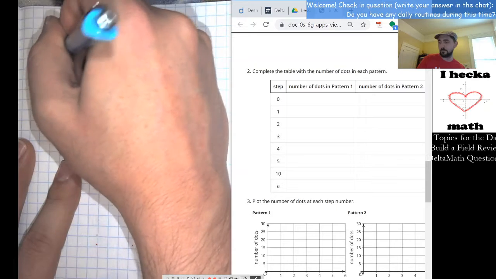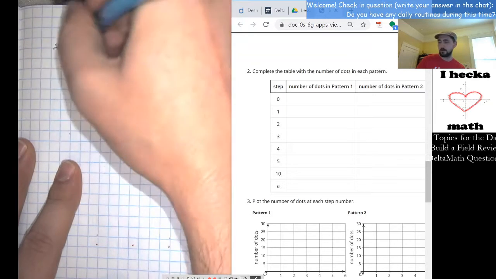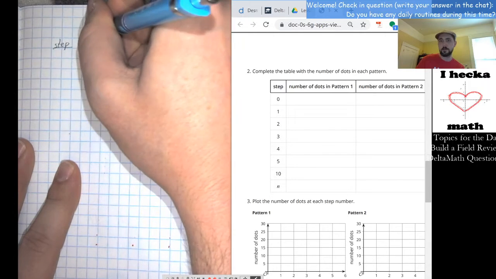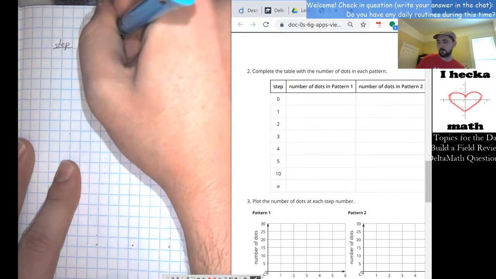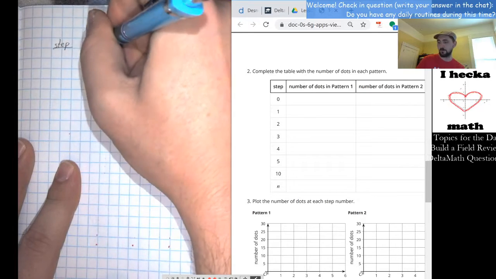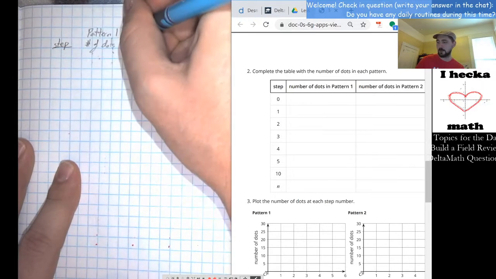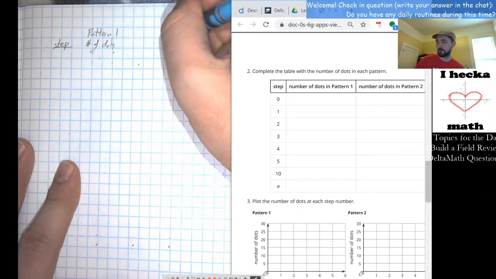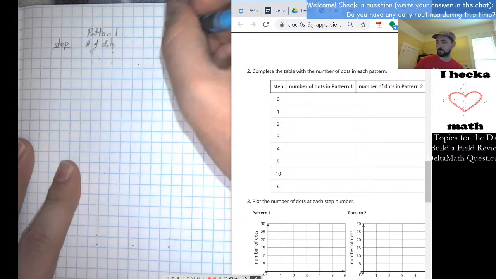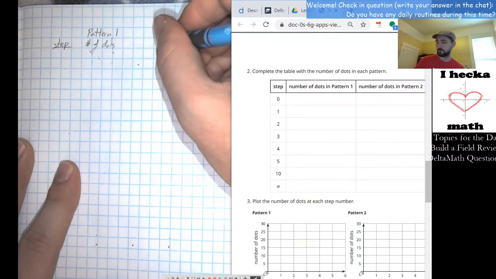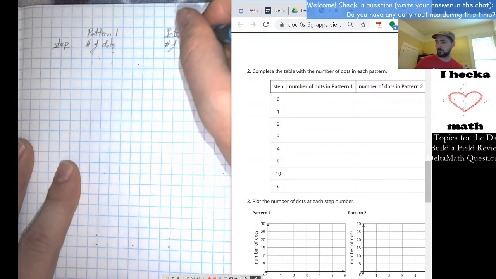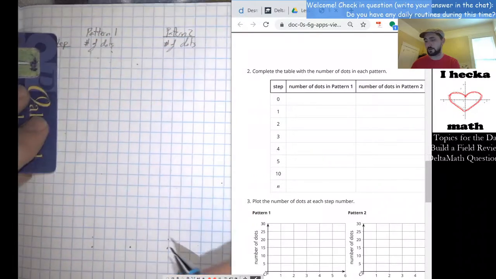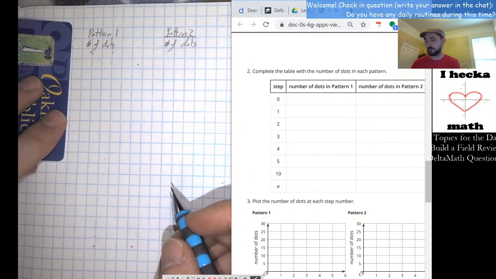So, step, this is pattern 1, number of dots, and pattern 2, number of dots. Okay, let me use my Oakland library card to draw in some lines here.